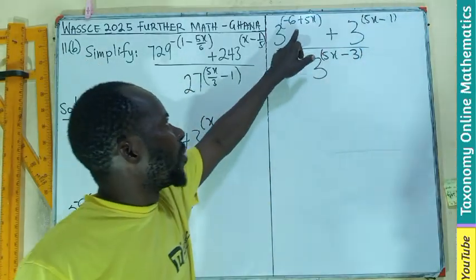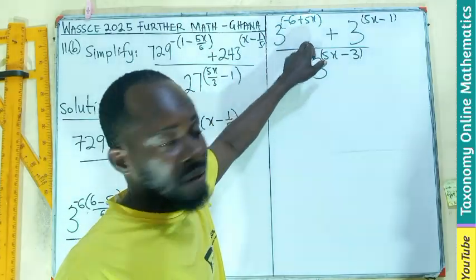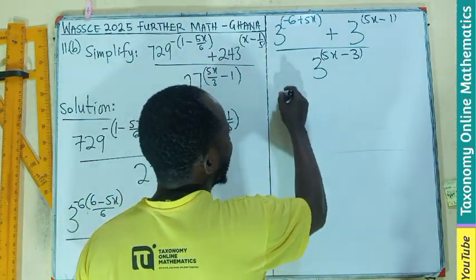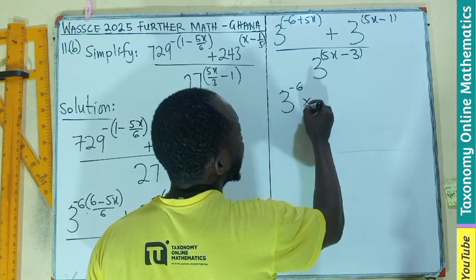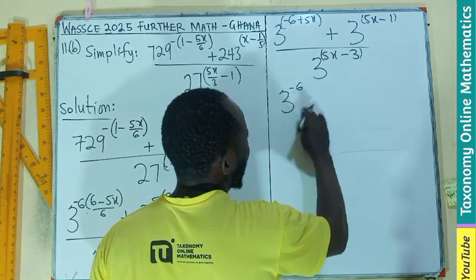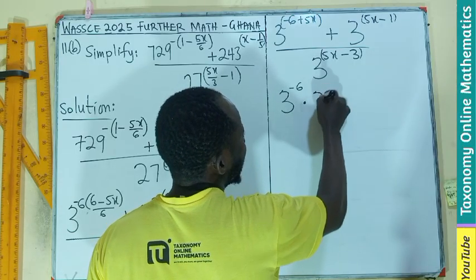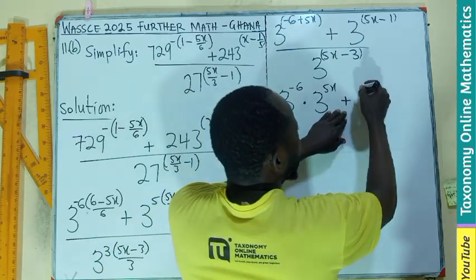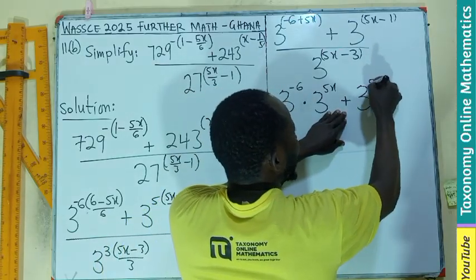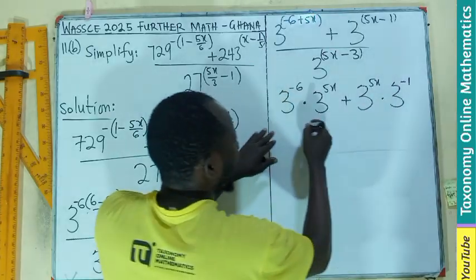If we see this as a plus, that means we can expand this as a multiplication. So I should be having 3 exponent 6 times, let me use a dot so that we don't mistake the x for times, 3 exponent 5x, plus 3 exponent 5x times 3 exponent negative 1.